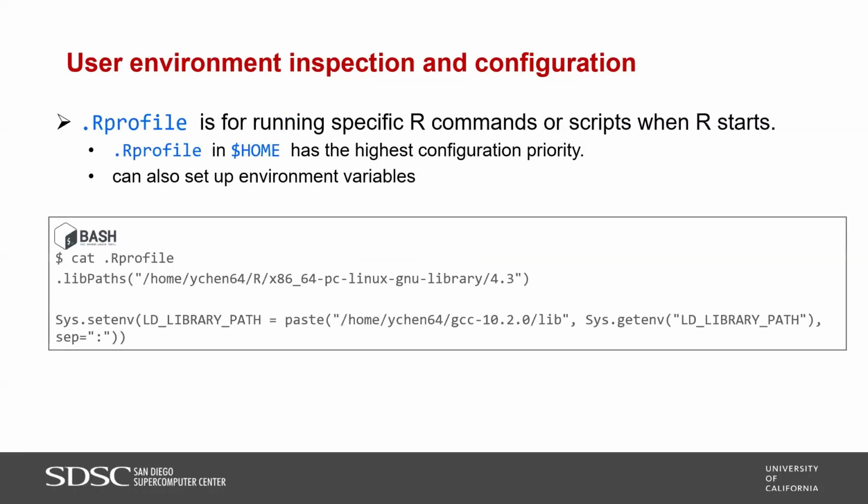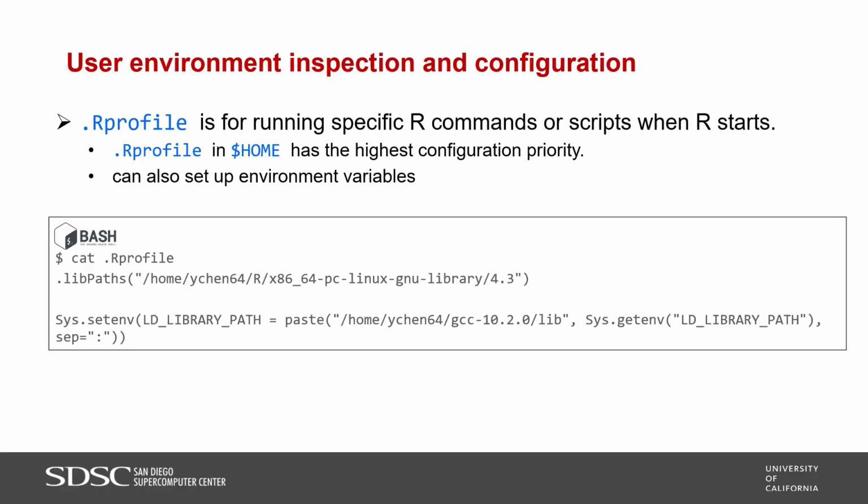But it's more common to use the R profile for such configurations because R profile is for running specific R commands or scripts when R starts. So it can be placed in your home directory, and when it's in your home directory, it has the highest priority to configure your R.